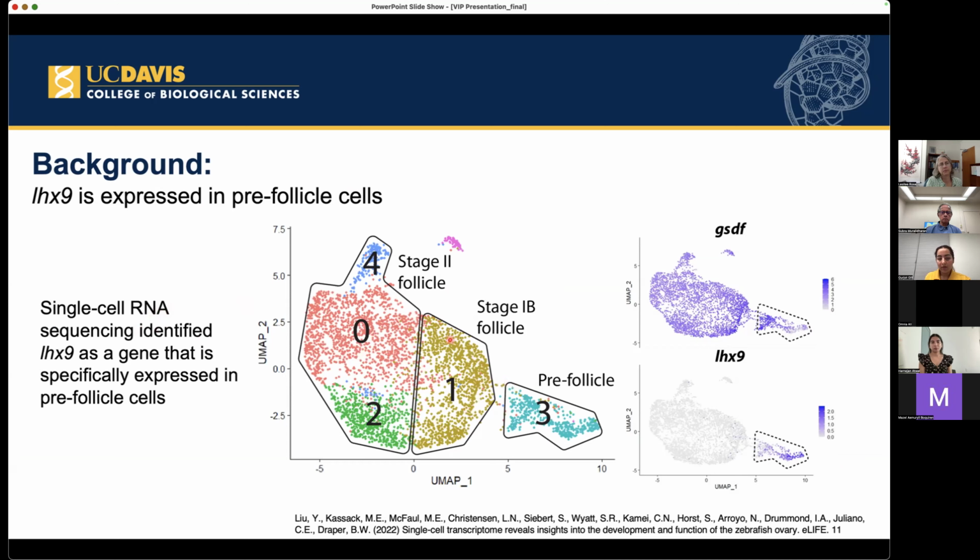In this figure, each dot represents one cell, representing its gene expression. So similar color means similar gene expression in this population, so does this, and so on. Over here, we see that there are genes that are expressed in prefollicle cells, and they're progressing.